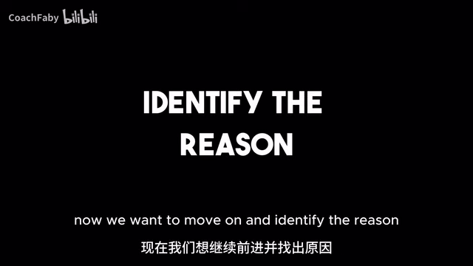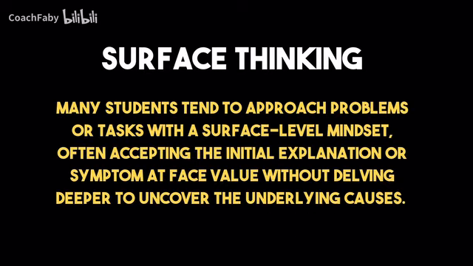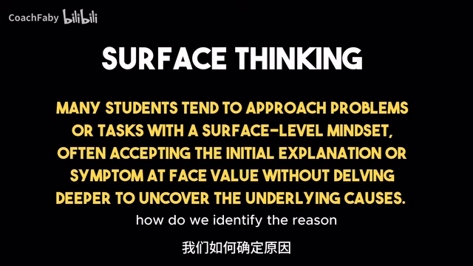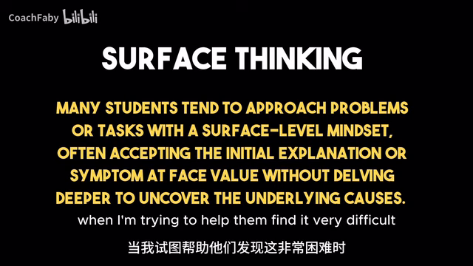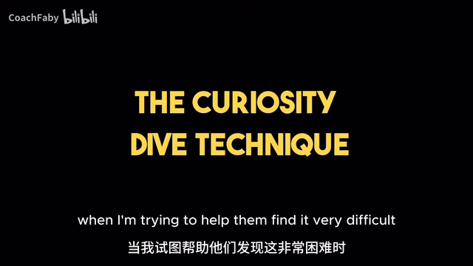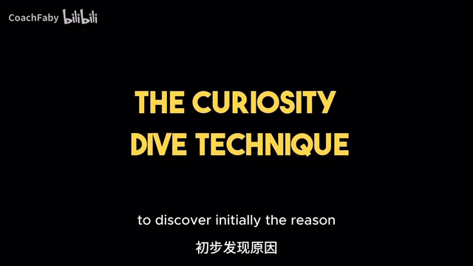Now we want to move on and identify the reason. How do we identify the reason? This is somewhere where I find that most students, when I'm trying to help them, find it very difficult to discover initially the reason.